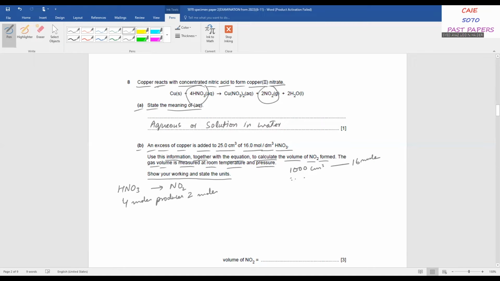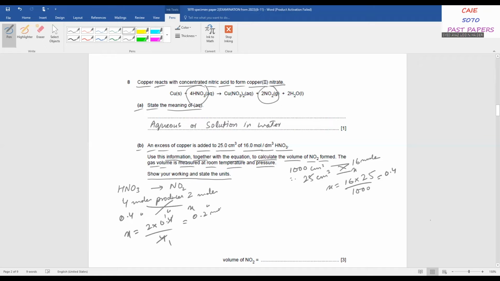Therefore, 25 centimeter cube contains X. Do the cross, you will get what? X is equal to 16 multiplied by 25 divided by 1000. Okay. So you will get 0.4 moles of acid. So here you will have 0.4 moles of acid produces X moles. X is equal to 2 multiplied by 0.4 divided by 4, you will get 0.2 moles.